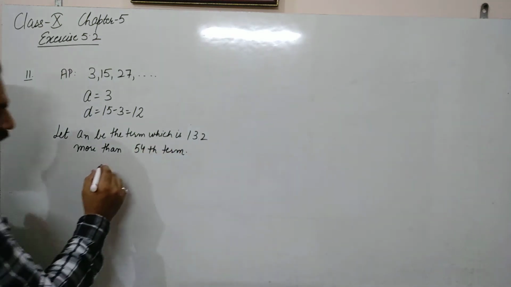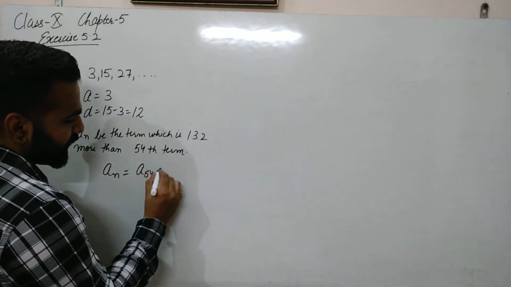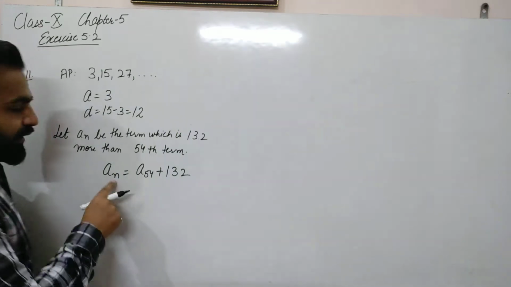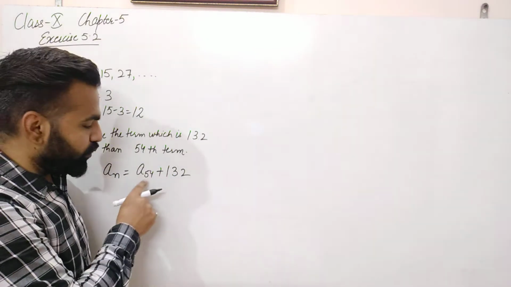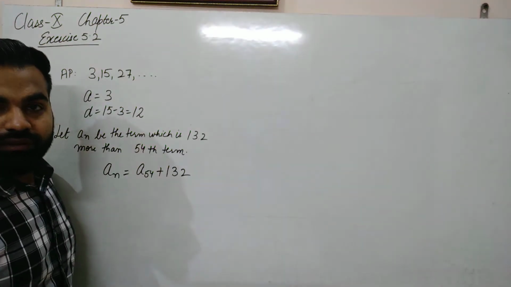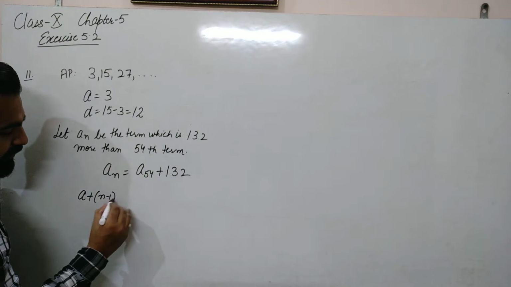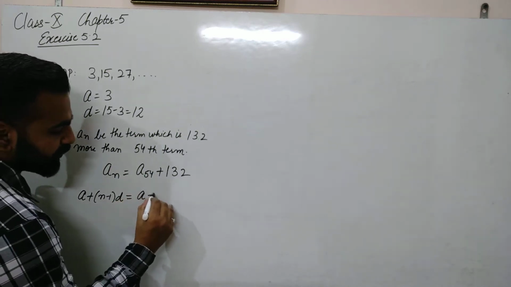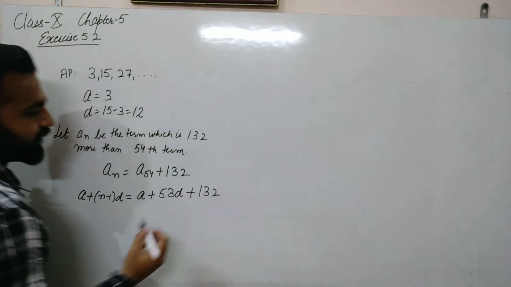Clear? So we can write AN as A54 plus 132. The term is nth term which is 132 more than the 54th term. So AN can be written as A plus n minus 1 into D. A54 can be written as A plus 53D plus 132.